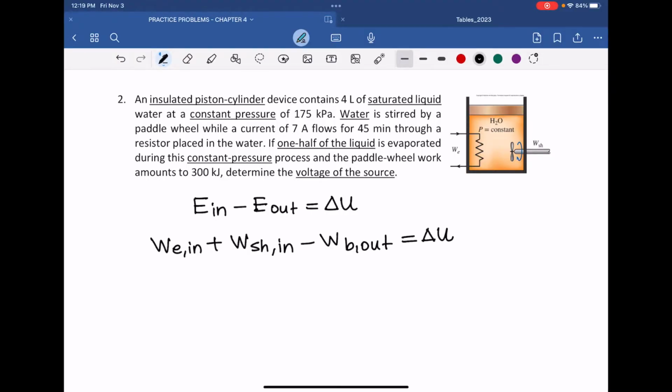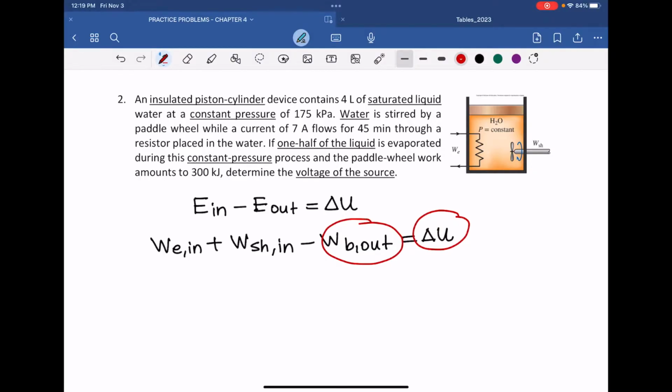Now, in the problem statements, in many places, they try to tell you that this is a constant pressure process. That means, if you remember, for a constant pressure process, it is possible to combine internal energy change with the boundary work and represent them as a single property change, which is enthalpy change.